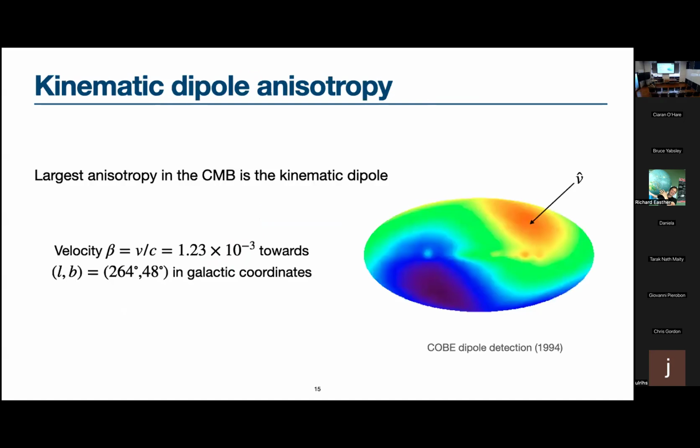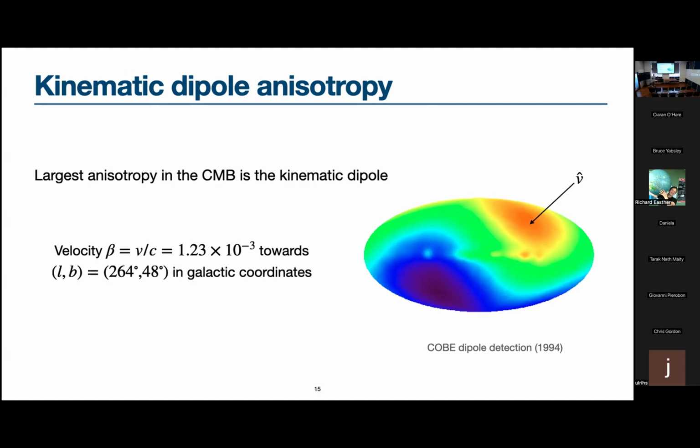But this is not the complete story for such backgrounds, because in addition to this anisotropy, we also have the anisotropy induced due to our motion with respect to the isotropic frame of the background. In the CMB, the largest anisotropy itself is the kinematic dipole, which is a result of our motion with respect to the isotropic frame of the CMB.